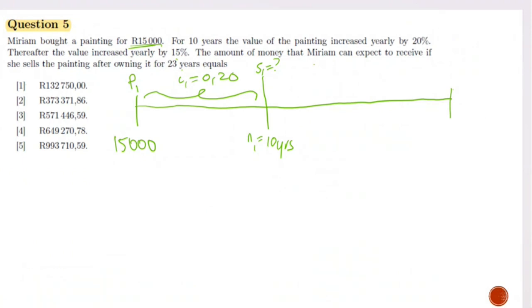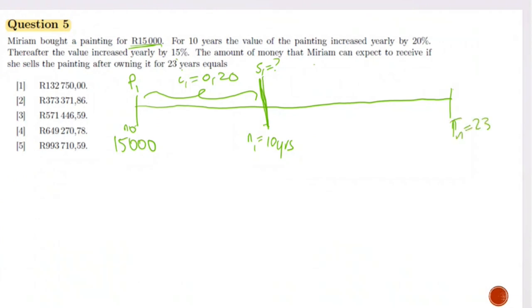So when you are starting again at this period, the total amount of your investment is 23 years. From N0 to N23, this is your N, equal to 23.